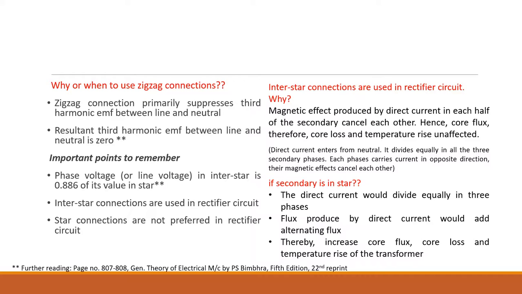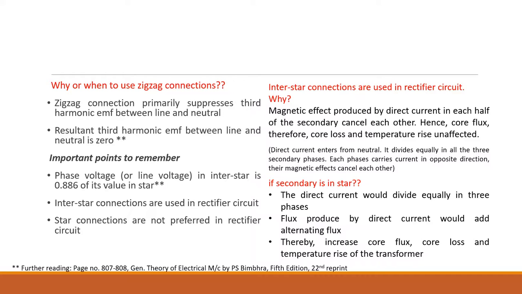In order to avoid the temperature rise, we know that we use insulation in transformer on the basis of temperature. If it exceeds, what would happen? If temperature exceeds a predetermined level, your insulation may get damaged.